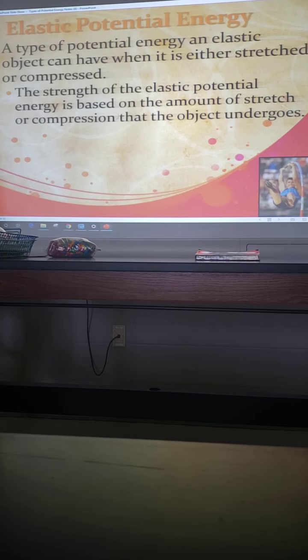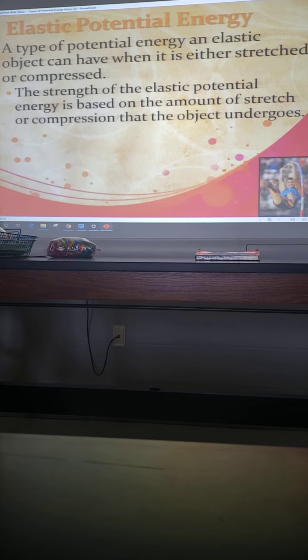You only have like 10 vocab words. Five of them are our five types of potential energy. Maybe just one, the compression, is here. So show me with your hands what it might look like to compress something. Good, I'm seeing you bring your hands together like this. What would it look like to stretch?